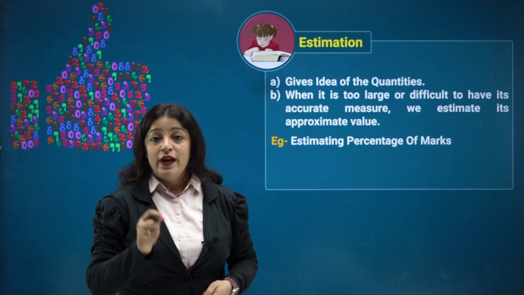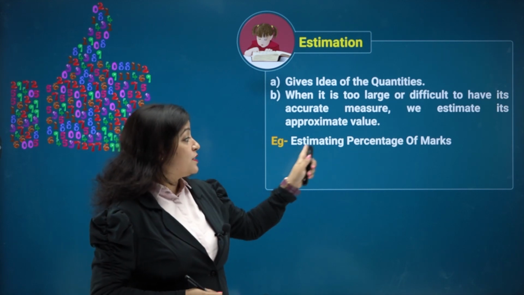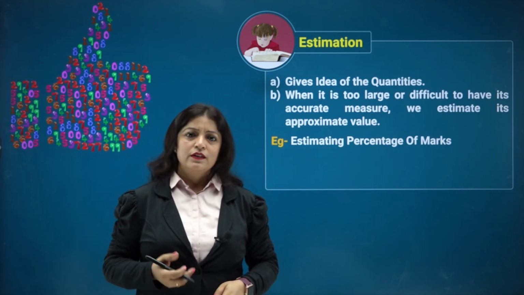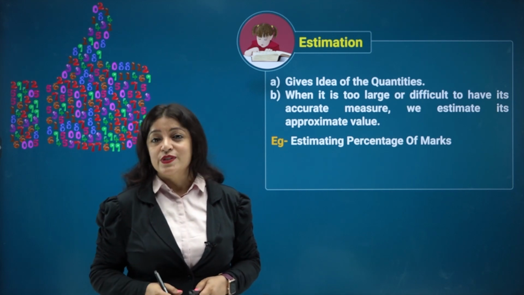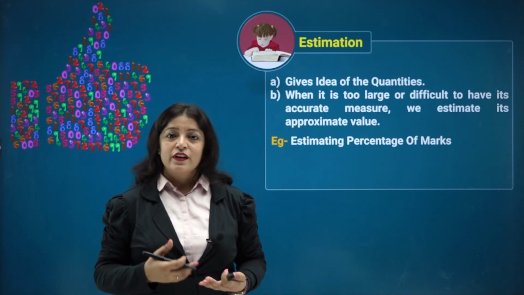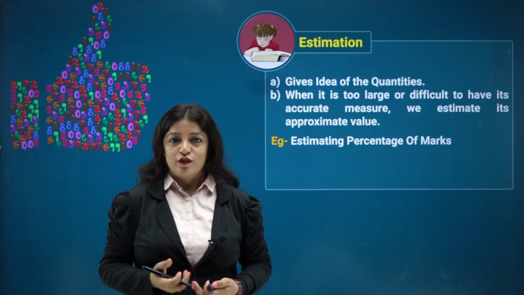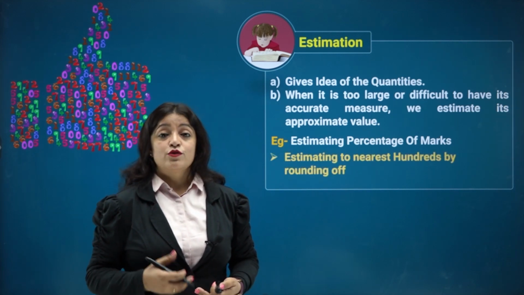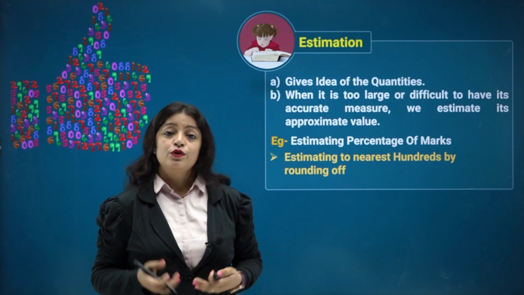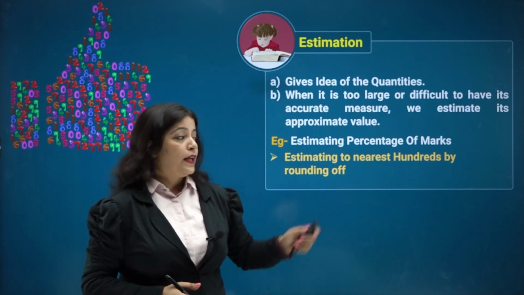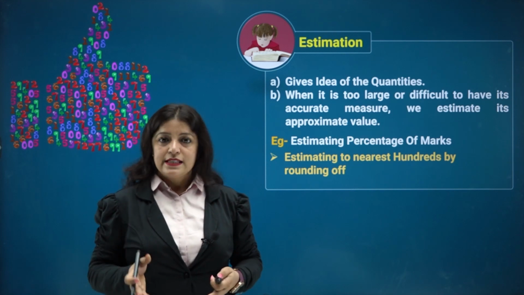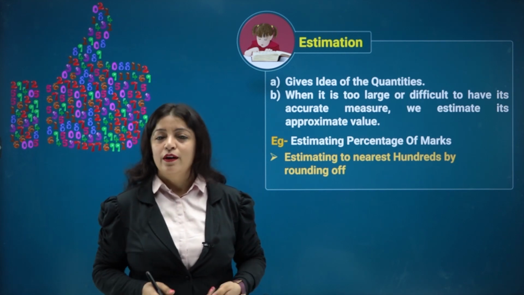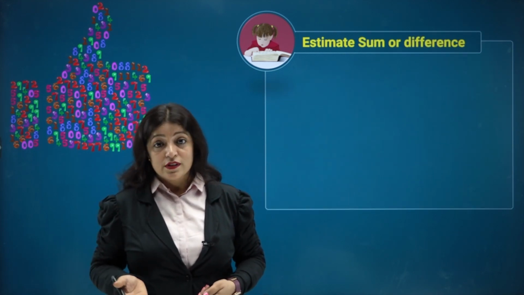You use it in estimating the percentage of marks, like I'll get approximately 75%, I'll get approximately 95%. You are not sure, but you are giving an approximate measure of it. Or you may use estimation to different places, like estimation to the nearest hundreds by rounding off, estimating to the nearest tens by rounding off, or to thousands.